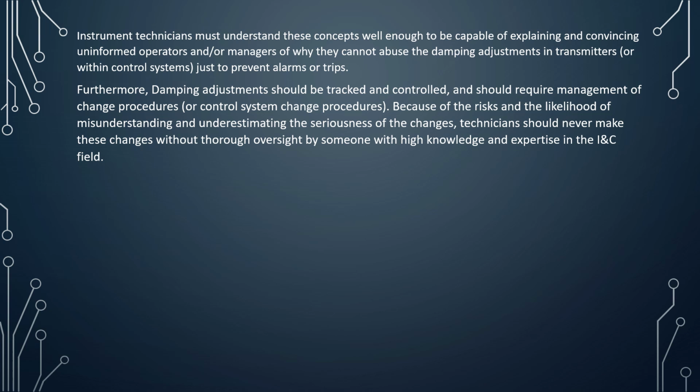Furthermore, damping adjustments need to be tracked just like your other critical configuration info. If you're changing the range of a transmitter, obviously you're changing stuff that needs to be tracked. Management of change steps in, MOC, etc., or your local control system change policies, whatever it is, but it's every bit as important as a bypass or an override, as a configuration change.